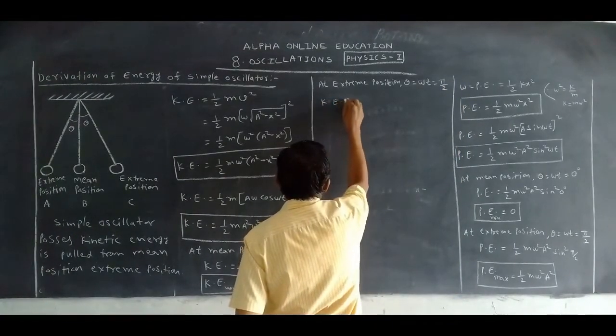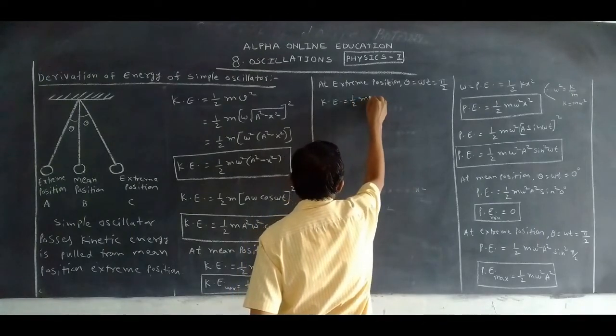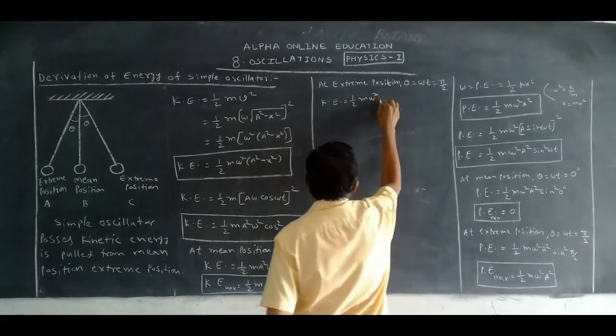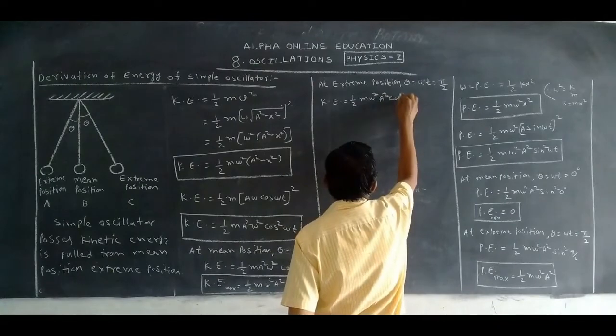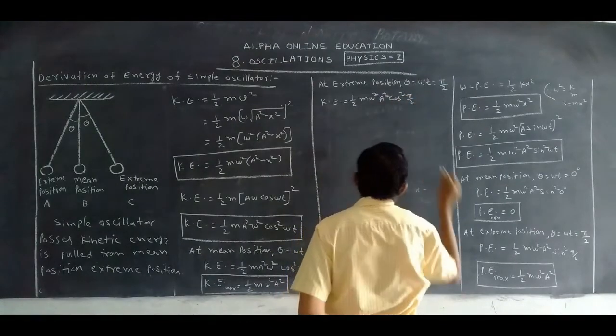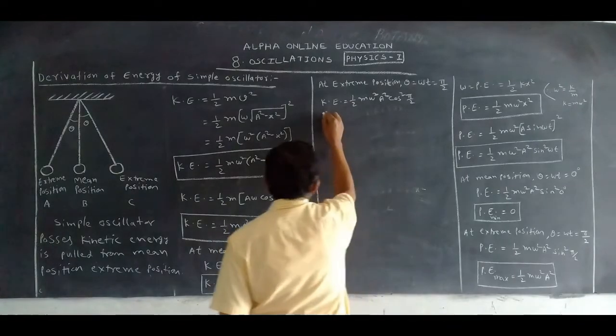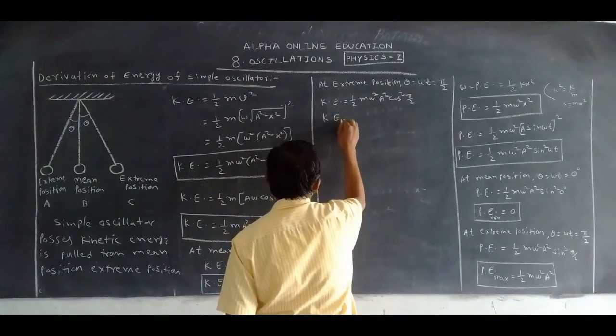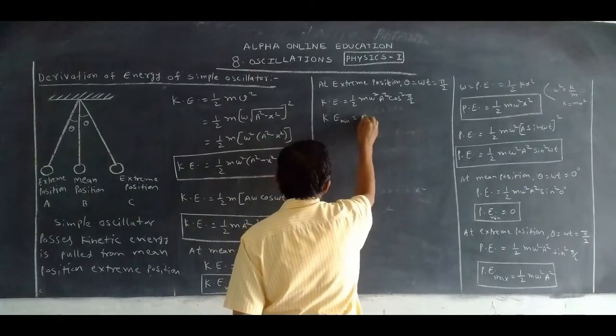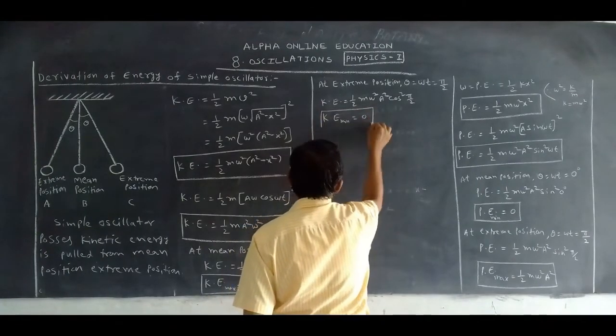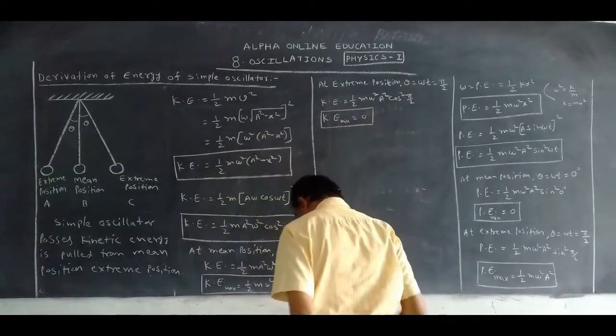Kinetic energy is equal to half m omega square a square cos square pi by 2. Cos pi by 2 means cos 90. Cos 90 is 0. That's why kinetic energy is 0.